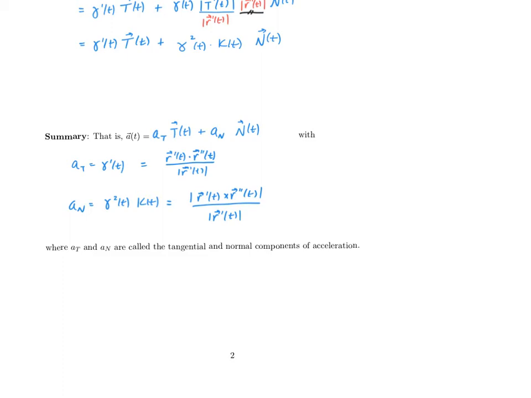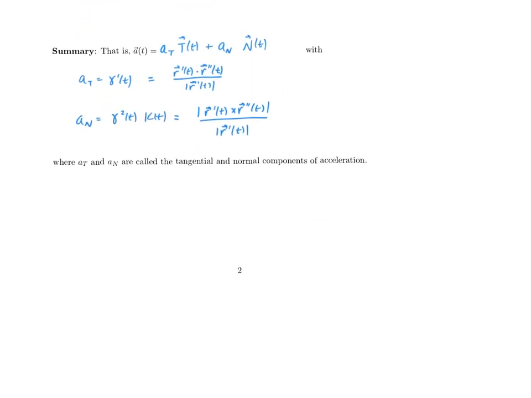At this point, we could certainly dive into a few details and computations and see where these formulas come from, but I don't think it will necessarily add anything to our conversation. One of the difficulties is picking and choosing what details to include, and the above details I think are much more relevant. With that in mind, let me make an observation. We refer to a sub T as the tangential component and a sub N as the normal component of acceleration.